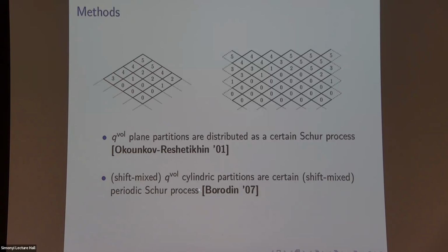Then Borodin generalized these constructions to the cylindric case, introducing the periodic Schur process. The difference with the ordinary Schur process is that without this extra shift, the periodic Schur process is not a determinantal process, whereas the Schur process is. But if you add this vertical shift, then you get a determinantal process.